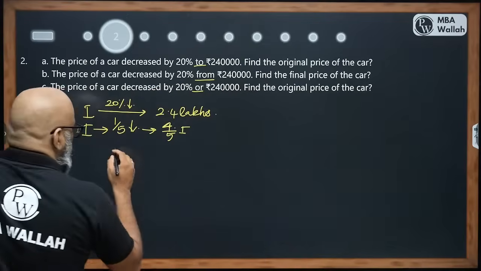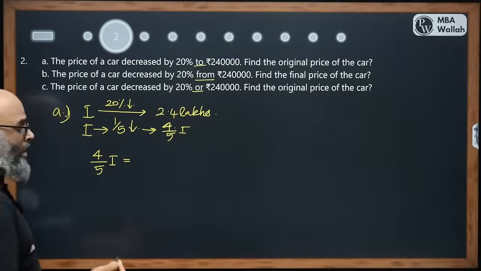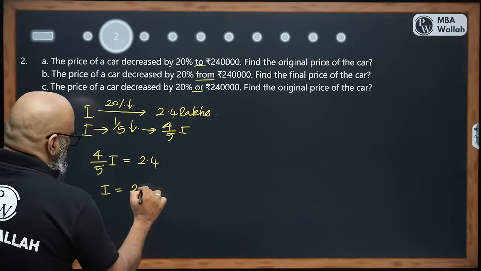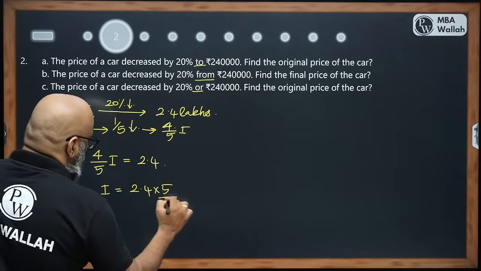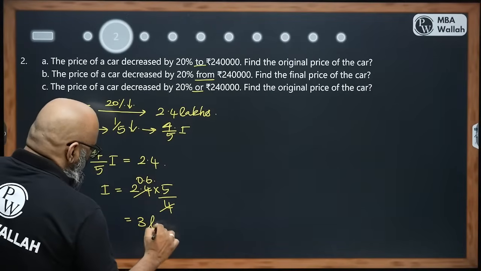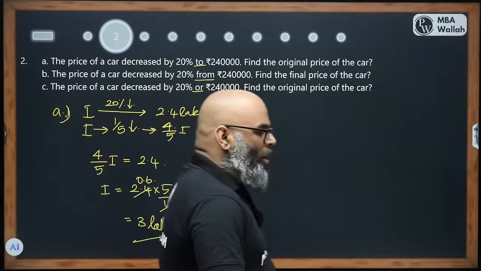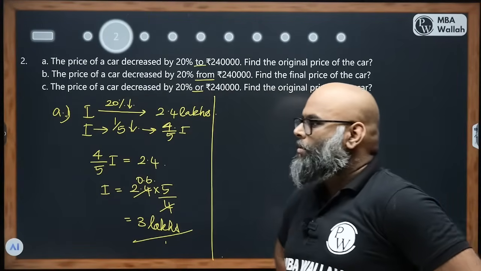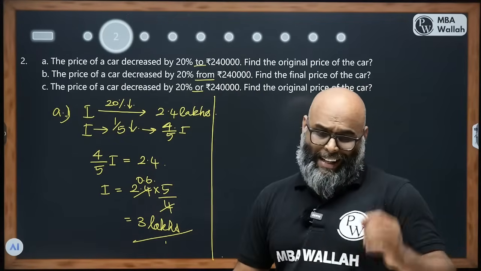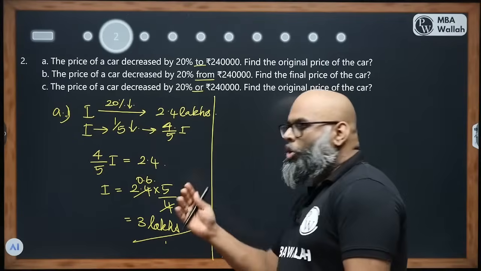From here, can we say 4/5 of my initial value is 2.4, or my initial value is 2.4 into 5 divided by 4. So this is 3 lakhs. Clear? Any doubts? To get that, for the first question, it's reduced by 20% and it has gone to 2,40,000. So the original price is 3 lakhs.